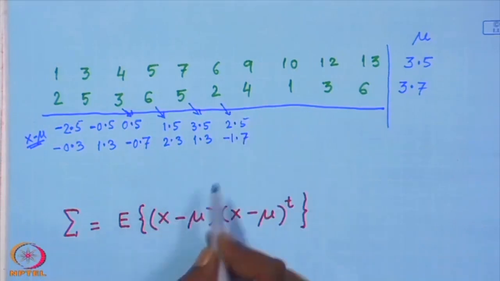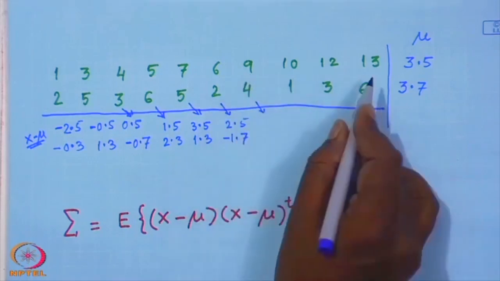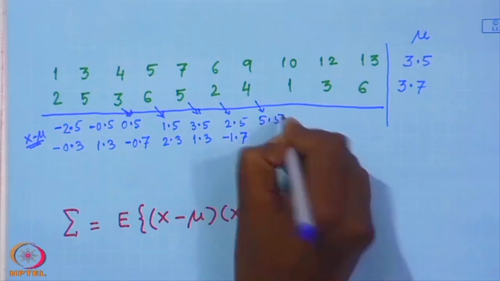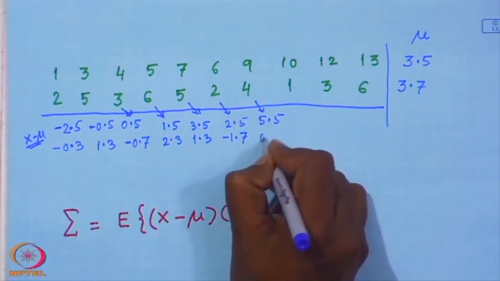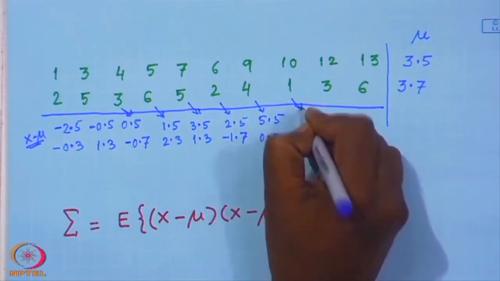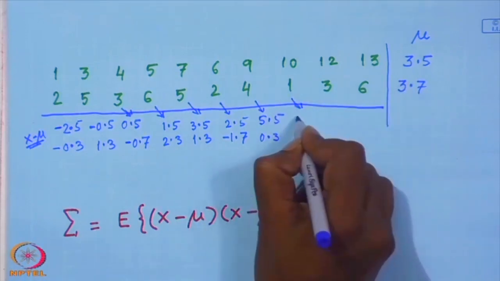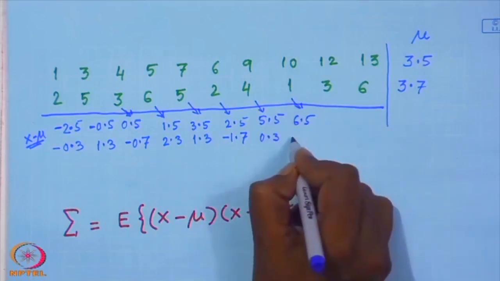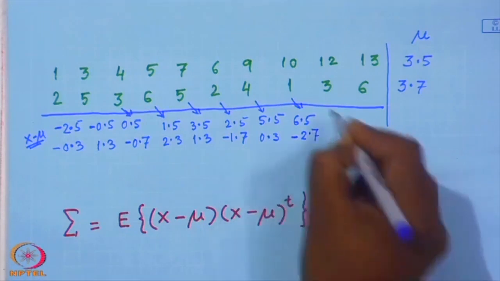Similarly, for this, it is 9 minus 3.5, which will be 5.5, and this is 4 minus 3.7, which is 0.3. Similarly, for this, it will be 10 minus 3.5, which is 6.5, and 1 minus 3.7, this is minus 2.7.